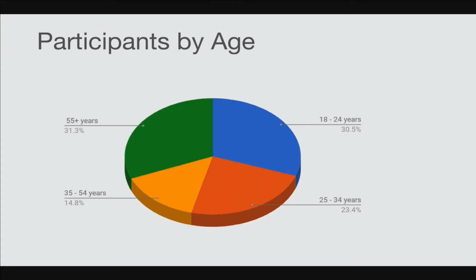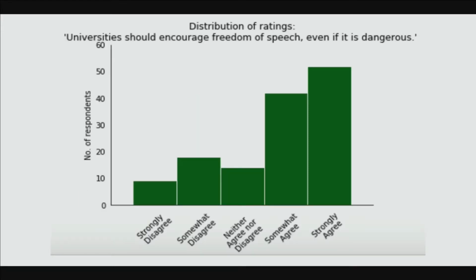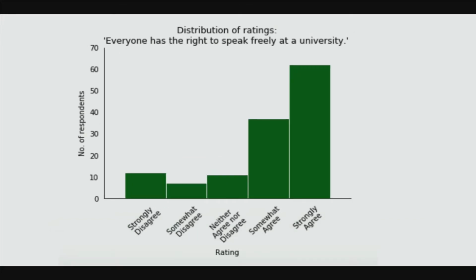This is a plot of the age group, so it's interestingly split between different age sectors. And here are the answers for the first question, about universities encouraging freedom of speech even if it is dangerous. You see people are strongly leaning toward the danger side, not too surprising from our audience, which by the way we recognize is fully biased because of our ability to communicate. And if this ever got on Breitbart or something like that, it might shift quite dramatically.